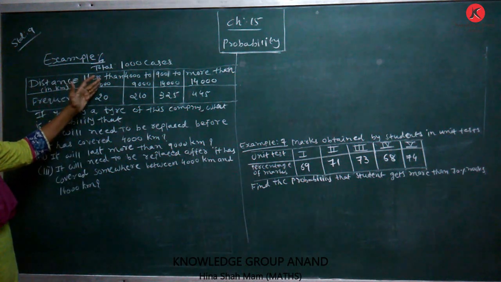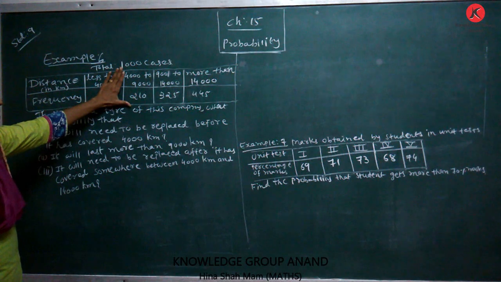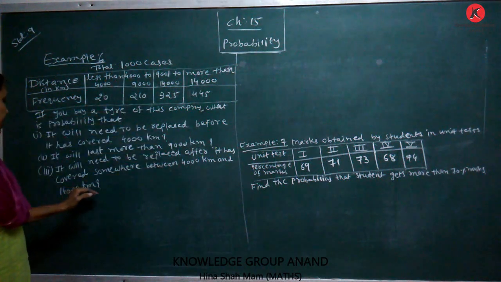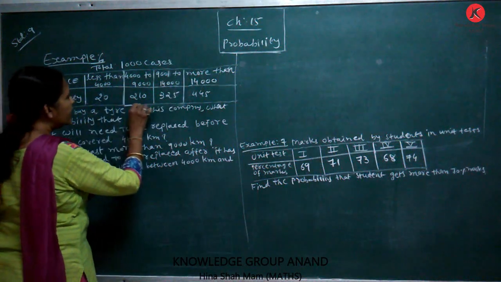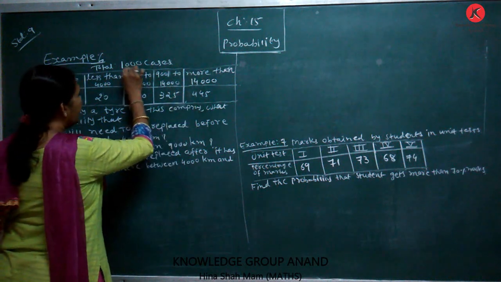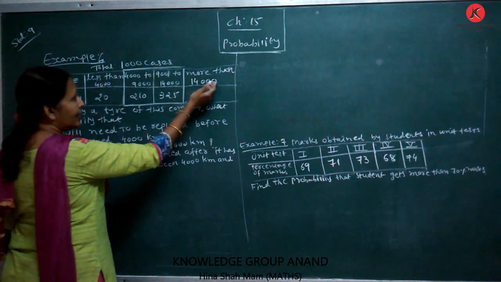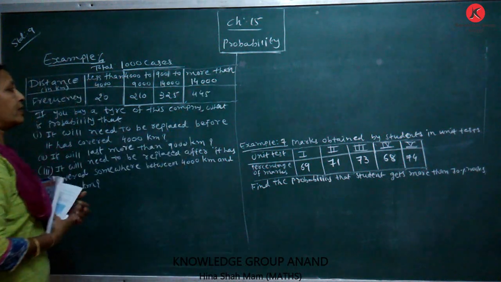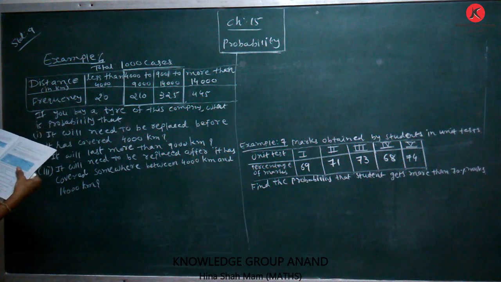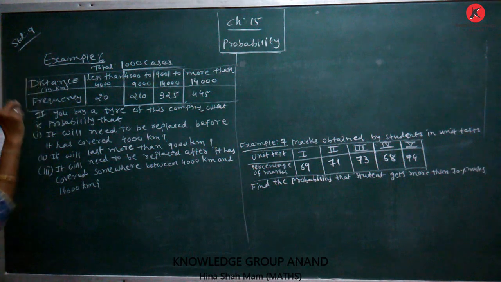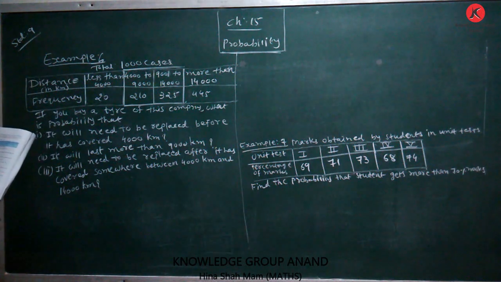Between 4000 and 14,000 km, up to two columns. Here this column is less than 4,000 and this is more than 14,000. Find the probability. Again this question: a tire manufacturing company kept a record of the distance covered before a tire needed to be replaced.